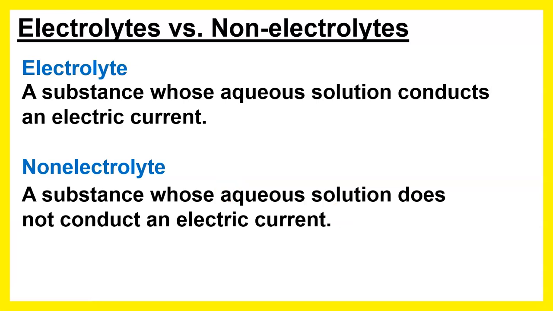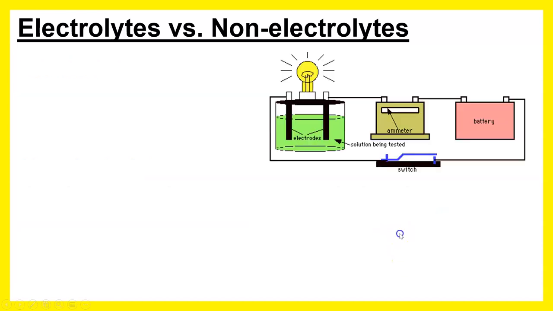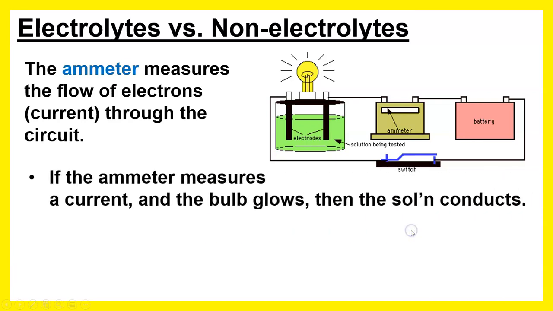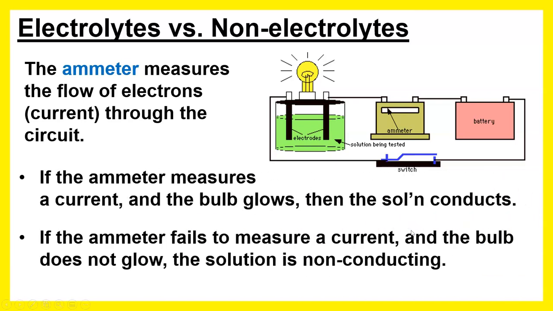You can use devices to see whether or not they conduct. Oftentimes there's some kind of a light, maybe not a light bulb, maybe it's like a little green or red light on the equipment, but if it lights up, it means that a current was conducted, it's an electrolyte, and if it doesn't light up, it's a non-electrolyte.